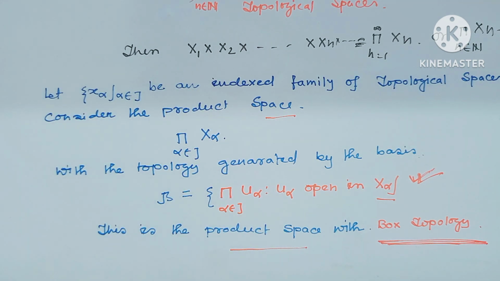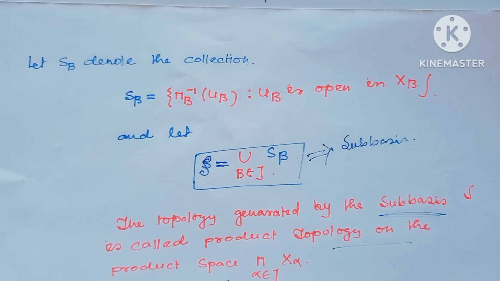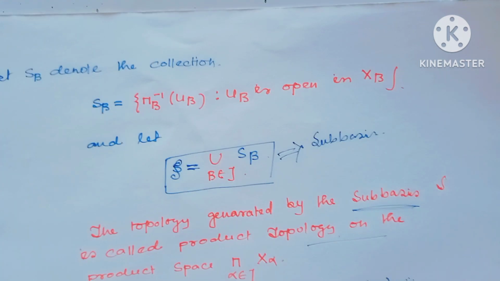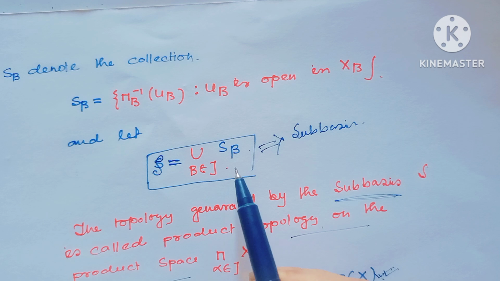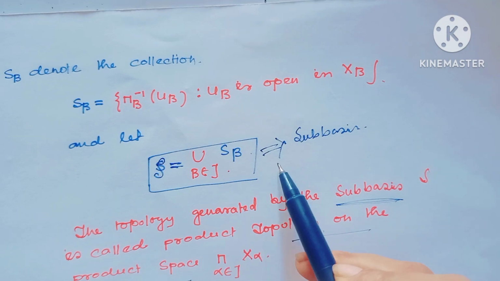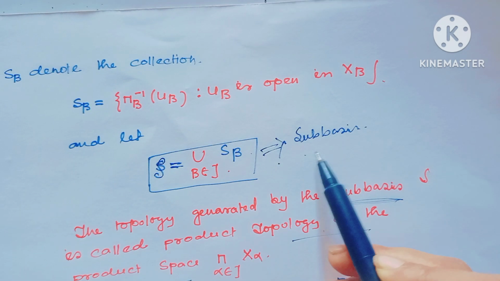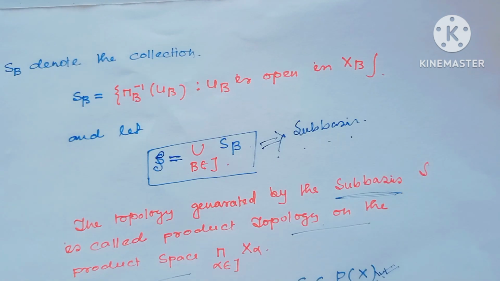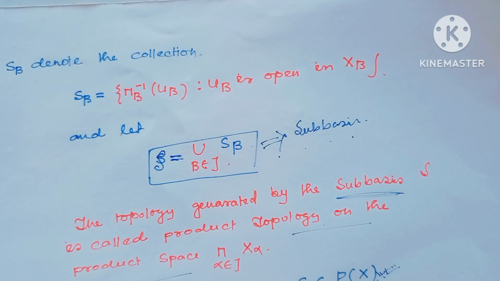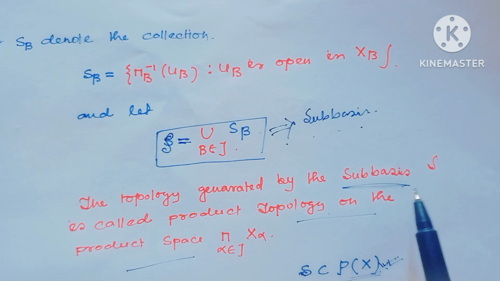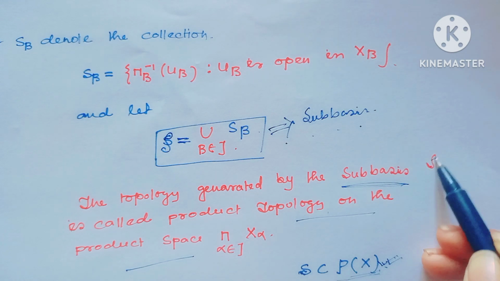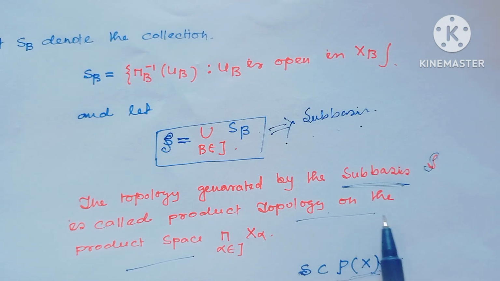For an arbitrary collection of topological spaces, the subbasis for the product topology is S equal to the union over β belongs to J of Sβ, and by this subbasis we generate the product topology. Therefore, the topology generated by the subbasis S is called the product topology on the product space.